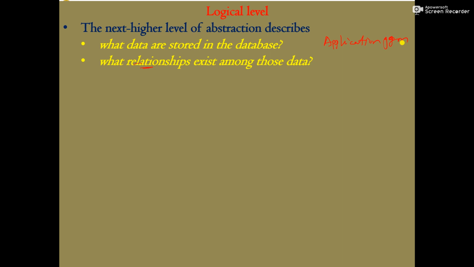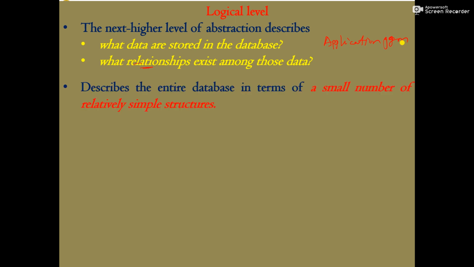So this logical level gives the clear-cut relationship among the various data associated with the particular database. As I said, this logical level describes the complete database by using simple structures.